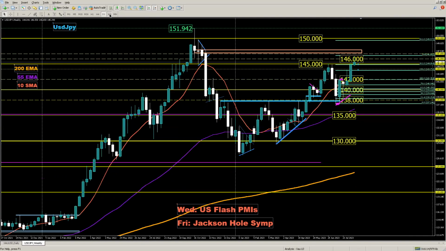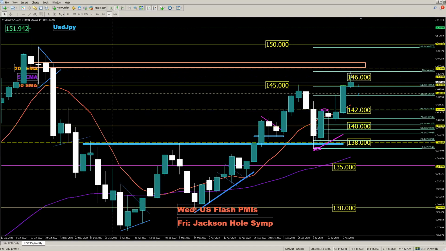Let's take a look on the weekly time frame. And it closed with a long upper wick, almost like a shooting star, but we'll see if it's more of a consolidation where it could still continue higher, push up higher for another week before slowing down.